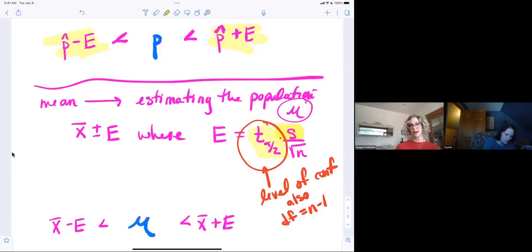Your degrees of freedom are N minus 1. So when you're building your confidence interval, you're estimating the population based off of the sample. You get the lower bound and the upper bound, and you feel confident that the true population parameter lies between those values.